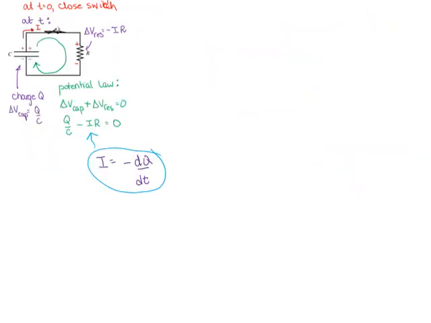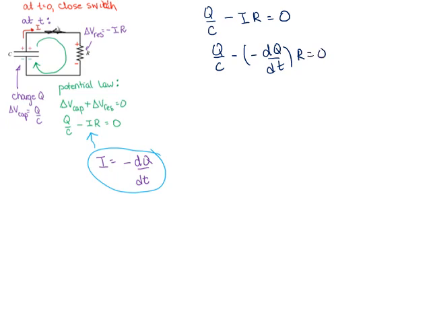Let's get going now on solving our problem. So we know Q over C minus IR equals 0. That comes from our Kirchhoff's potential law. Q is the charge on the capacitor, C is the capacitance, I is the current, and R is the resistance. First thing I'm going to do is plug in what we just found for our I. So Q over C minus dQ/dt times R equals 0.